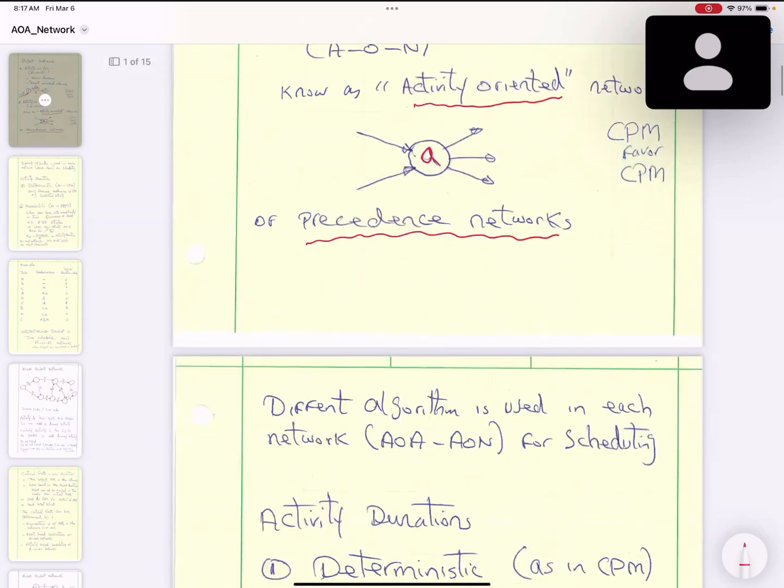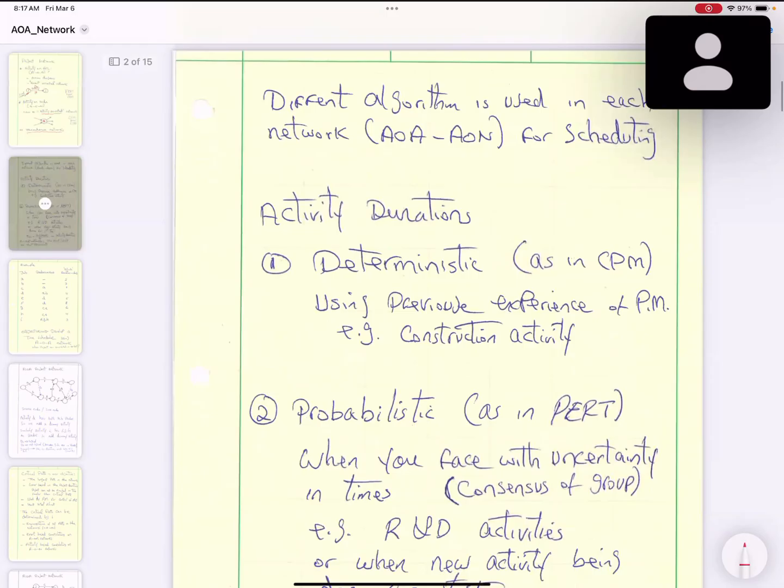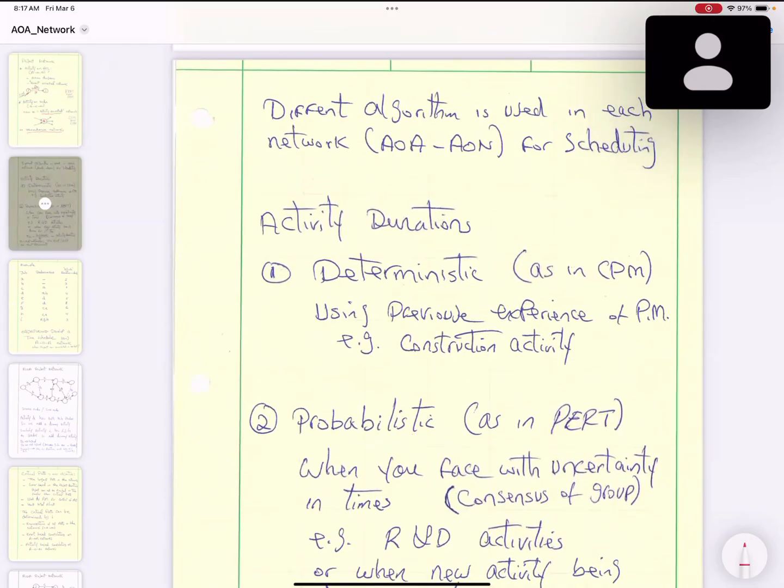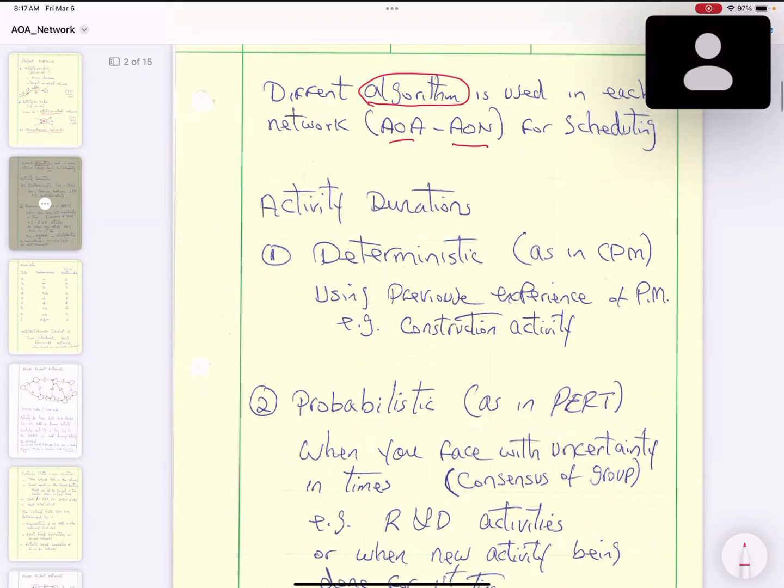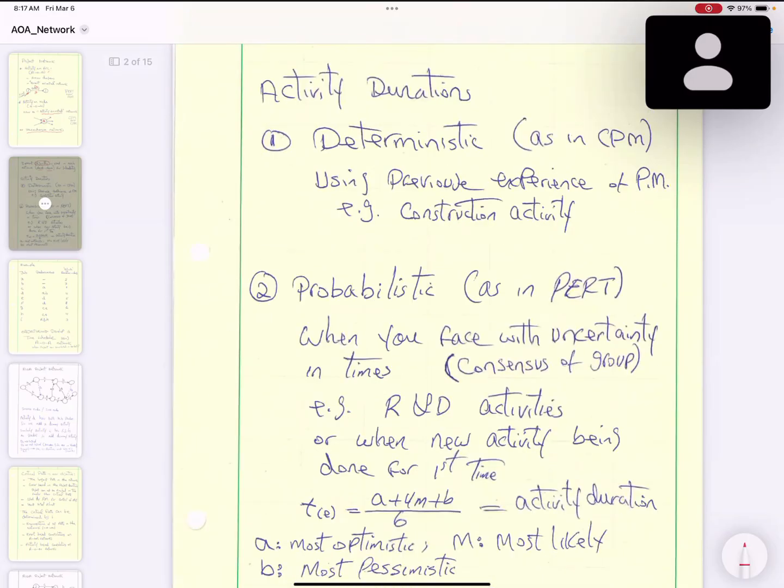Now we go on to define the algorithm that is used in each network, activity on ARC and activity on node. So we need to understand this algorithm. Activity duration could be deterministic, as in the CPM method. So you have some experience, you have done some work in the past, you know how many days it's going to take.